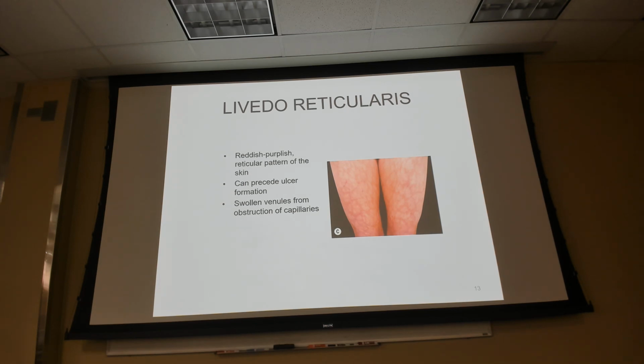When this is out there and we know that it is livedo, this can also precede an ulceration that is actually going to show up eventually because of the vein. Swollen venules is also there. If the capillaries are obstructed, then we can start to see those things happen as well.